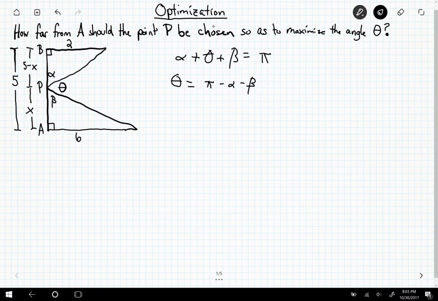You might think that's good, but technically we need some more work here, because what we really want to find is this distance x, where we're maximizing theta. So we want to put alpha and beta in terms of x somehow. Let's take a look at beta first.